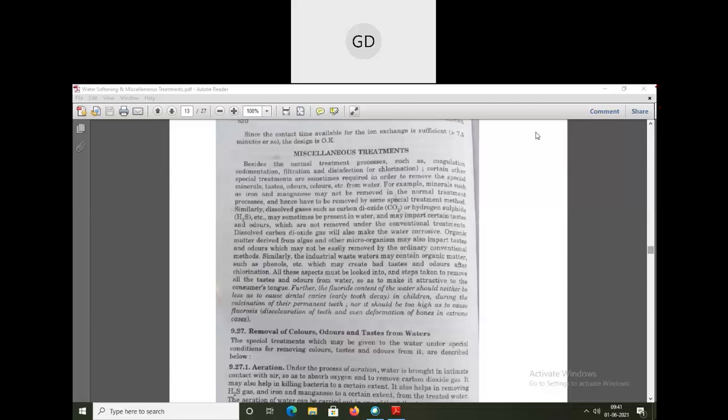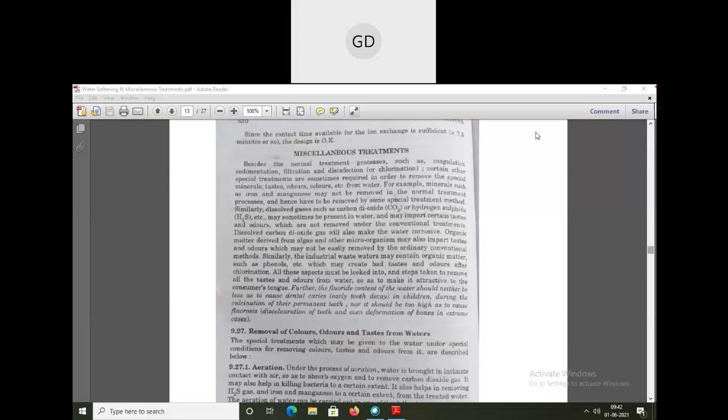Since you have made the water very clean and clear, now you have to remove those taste and odor, and also the colors from the water. Then you also have to remove the fluorides present in the water, which cause dental caries in children.